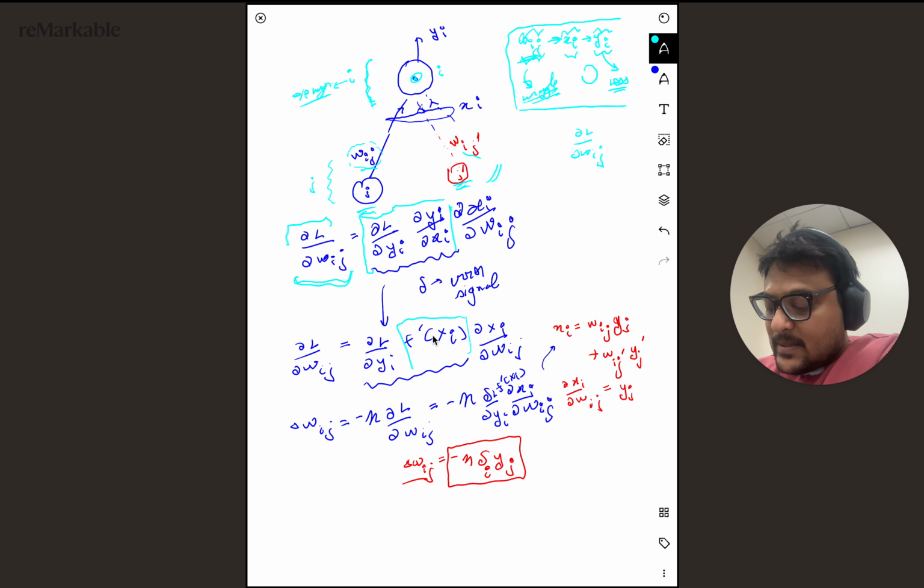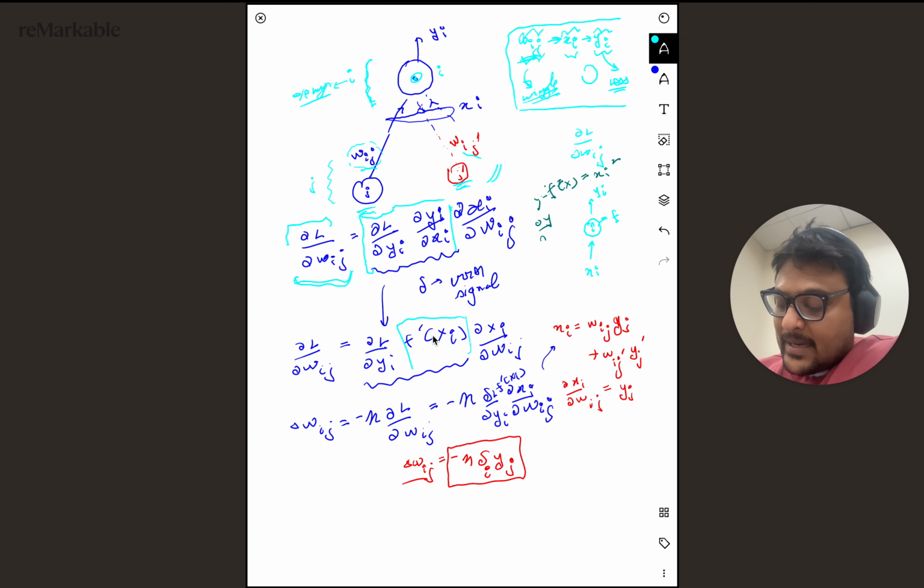So let's say your neuron I is given by a function f, with Xi going in and Yi coming out. Let's say Y is equal to f of Xi, which is Xi squared. Then del Y by del X is 2 times Xi, so your f dash Xi is going to be 2 times Xi.